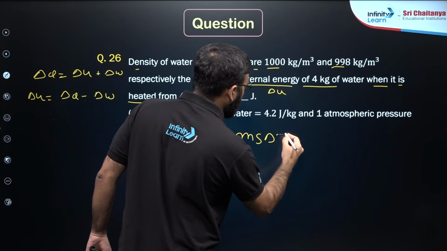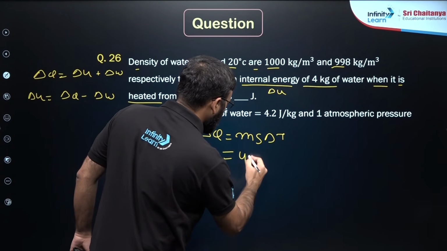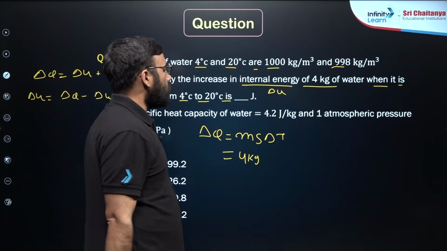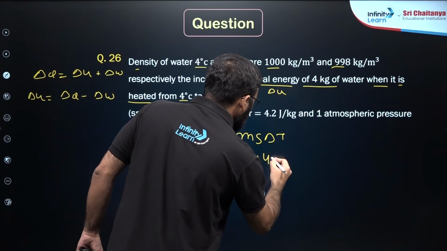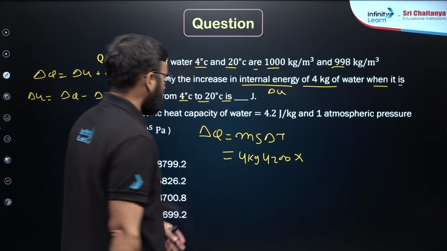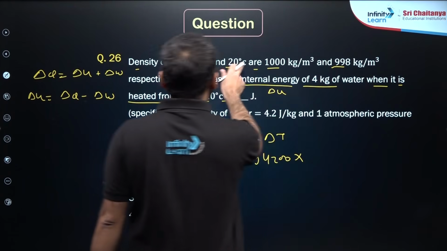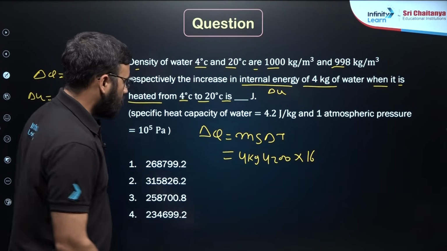equal to m s delta T. The mass is 4 kilogram, and the specific heat of water is 4.2 joule per gram, so we need to convert this to 4200, into the change in temperature, from 4 to 20, that is 16. Just do this calculation.